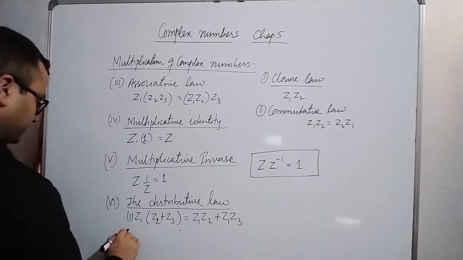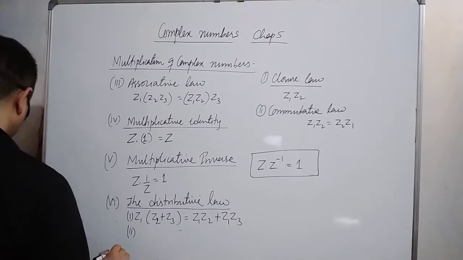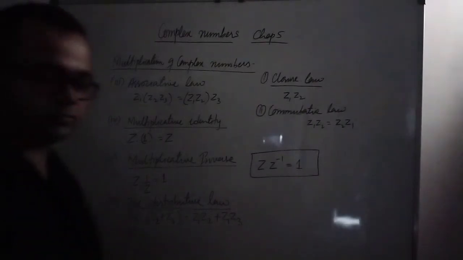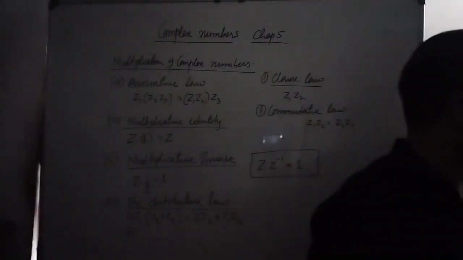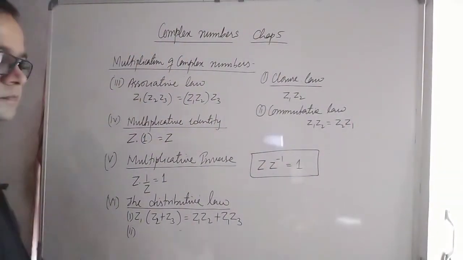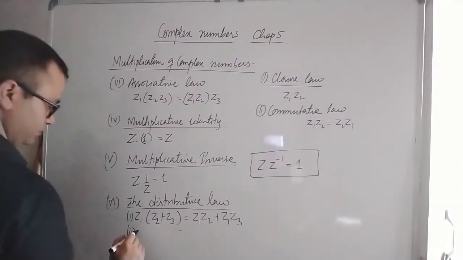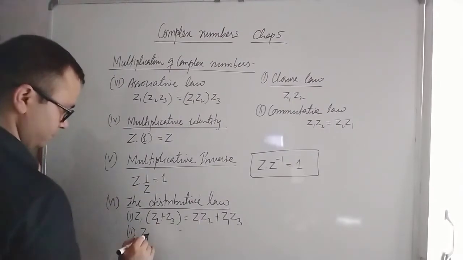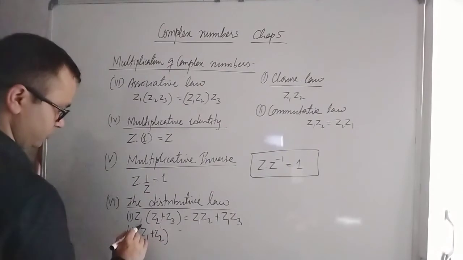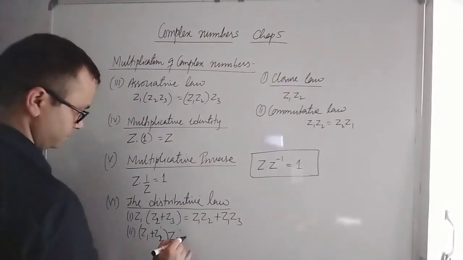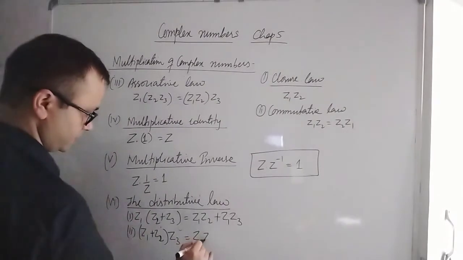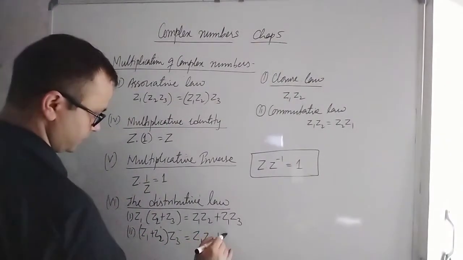In number 2, (Z1 plus Z2) into Z3 equals Z1 Z3 plus Z2 Z3.